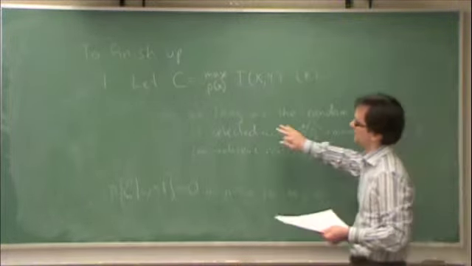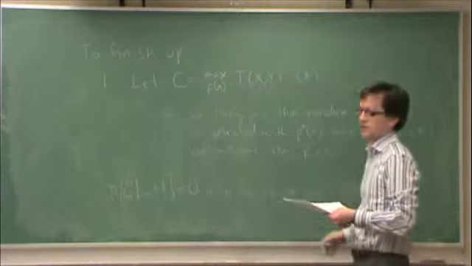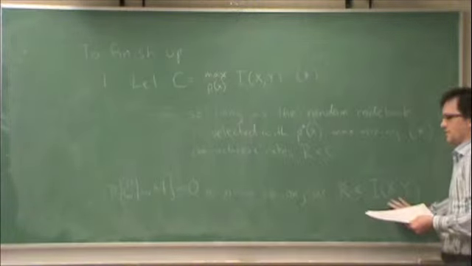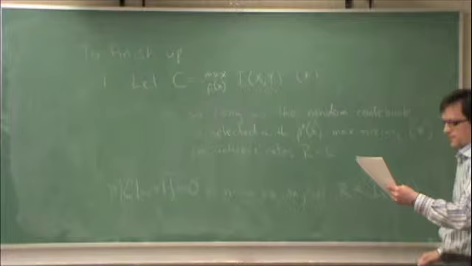And C is the largest possible value for mutual information. So C is the capacity, which is the largest thing I can do with mutual information.